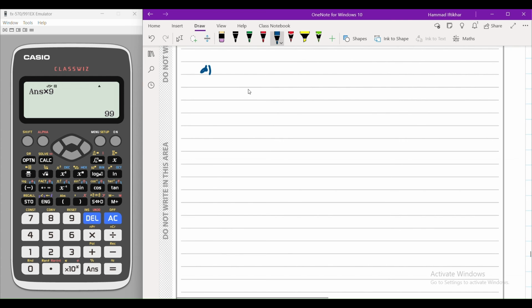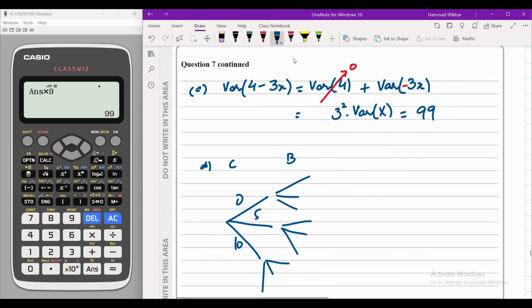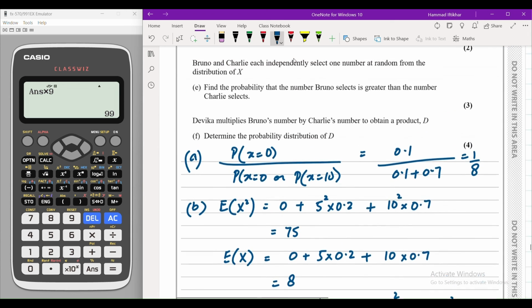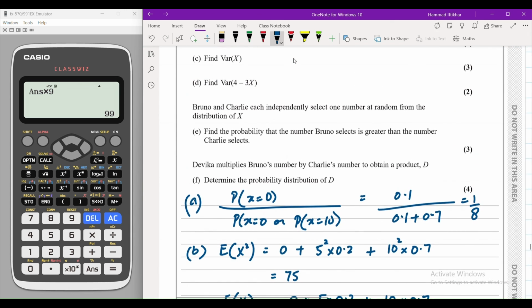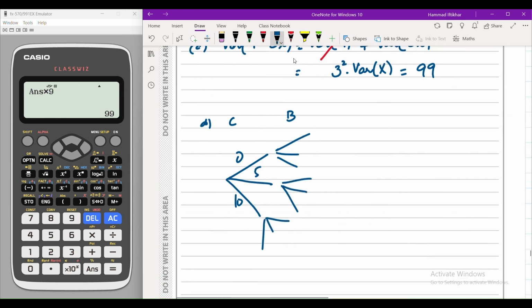So we have 0, 5, and 10, 0, 5, and 10. So each of them has 0, 5, and 10. This is for Charlie, this is for Bruno. Now, all we need is the other number to be greater than what Charlie selects.